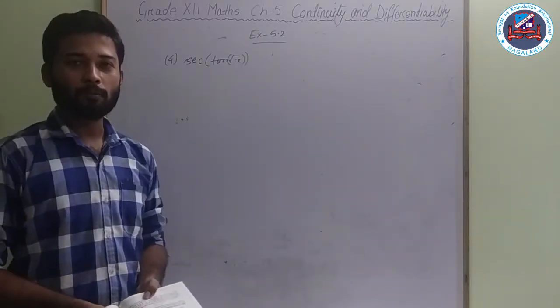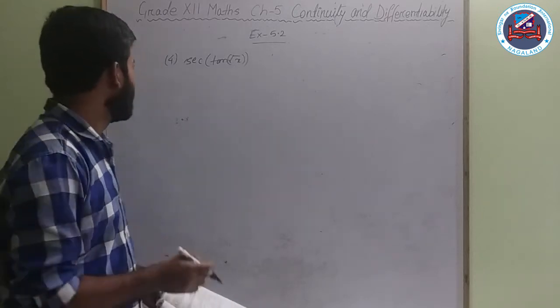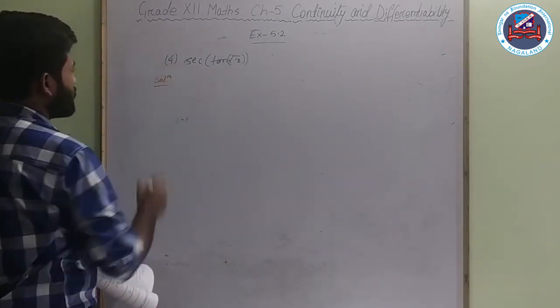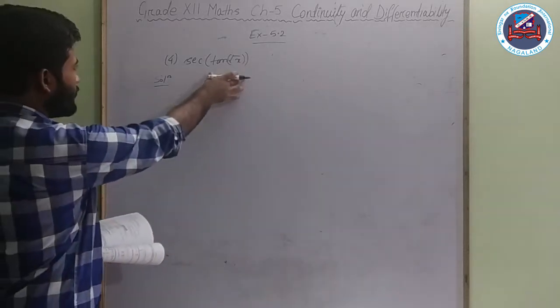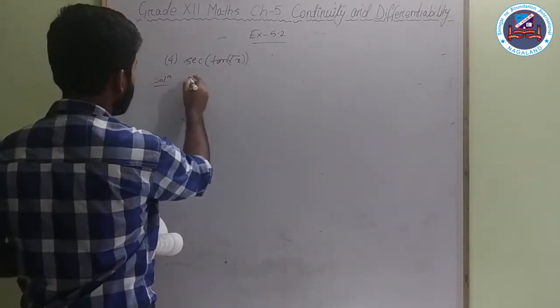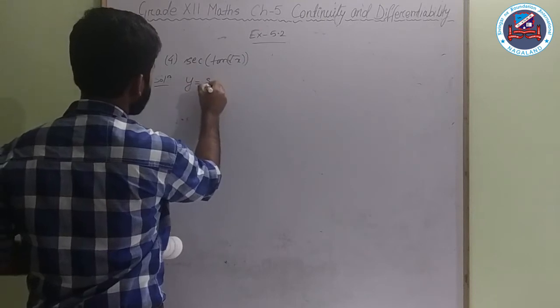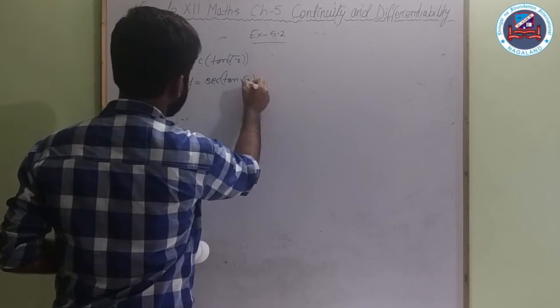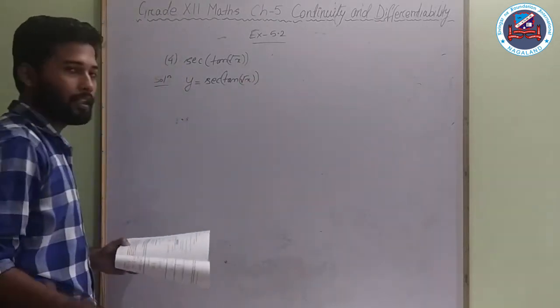Now let us see a problem from exercise 5.2. Here we have considered question number 4. It is given sec of tan root x. So let us write y is equal to sec of tan root x. So we need to take the derivative of this.